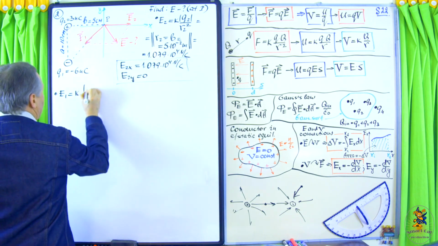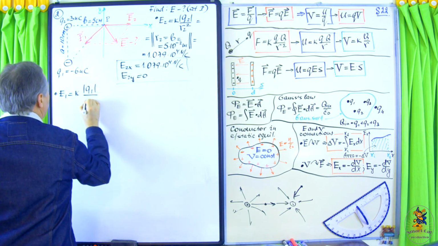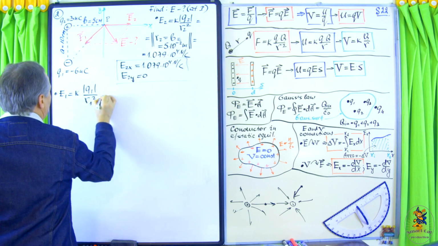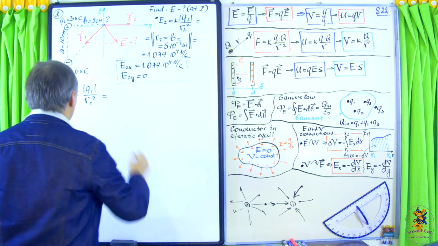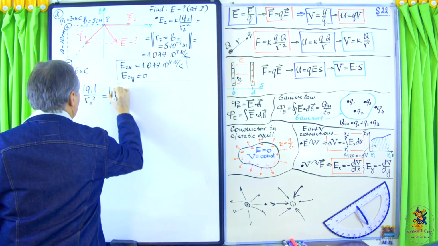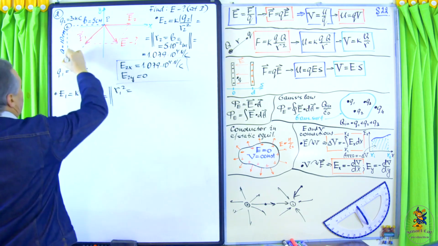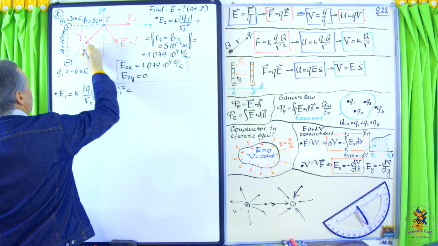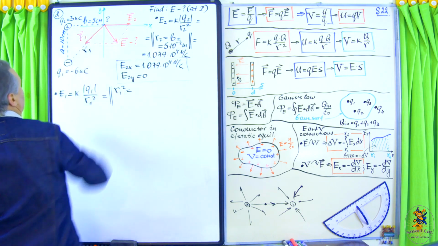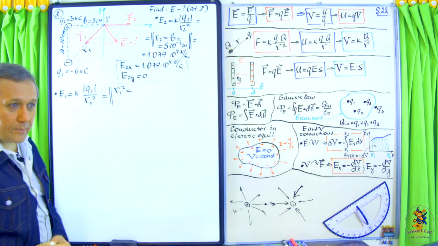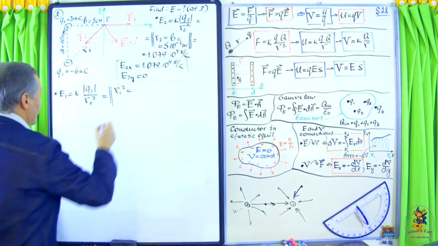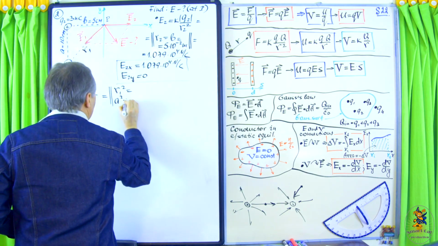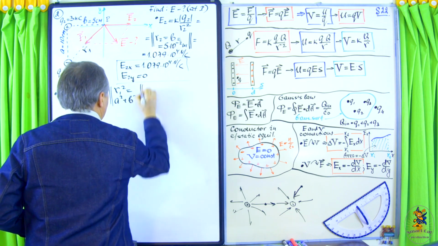So K times the absolute value of Q1 divided by R1 squared. In this case, R1 squared is at this distance, so let me write it over here, R1, this hypotenuse. It will be the square of A plus the square of B, so it will be A squared plus B squared.